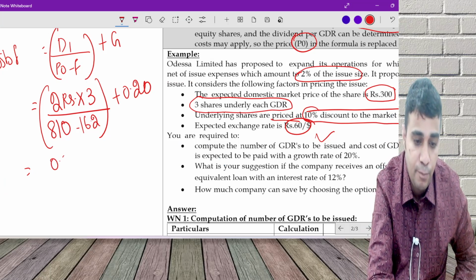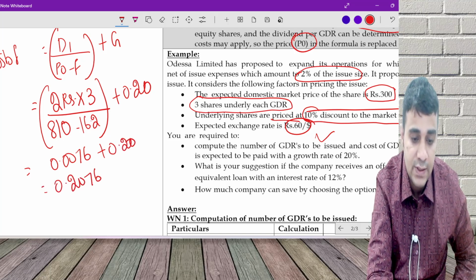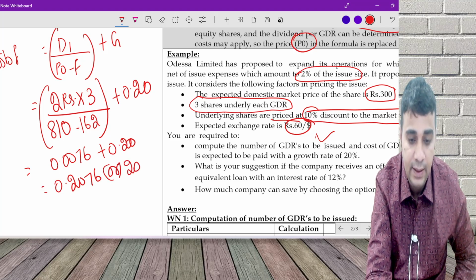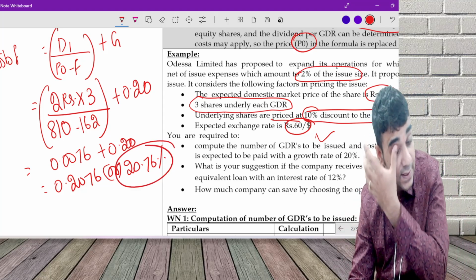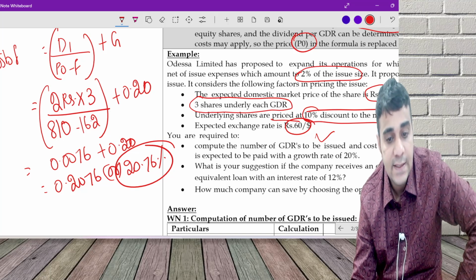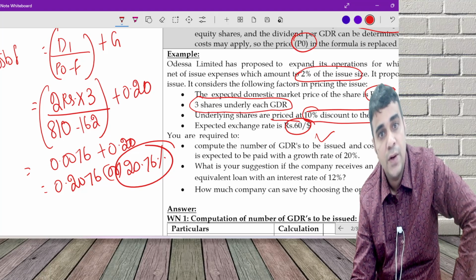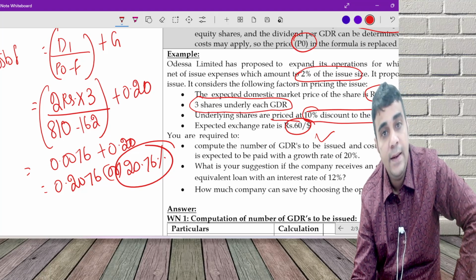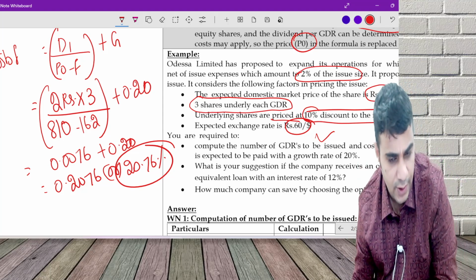We are kind of done. 0.0076 plus 0.20 equals 0.2076, or 20.76%. Very simple calculation. This is the cost of GDR. The cost of GDR is 20.76%. This is one part of the calculation.